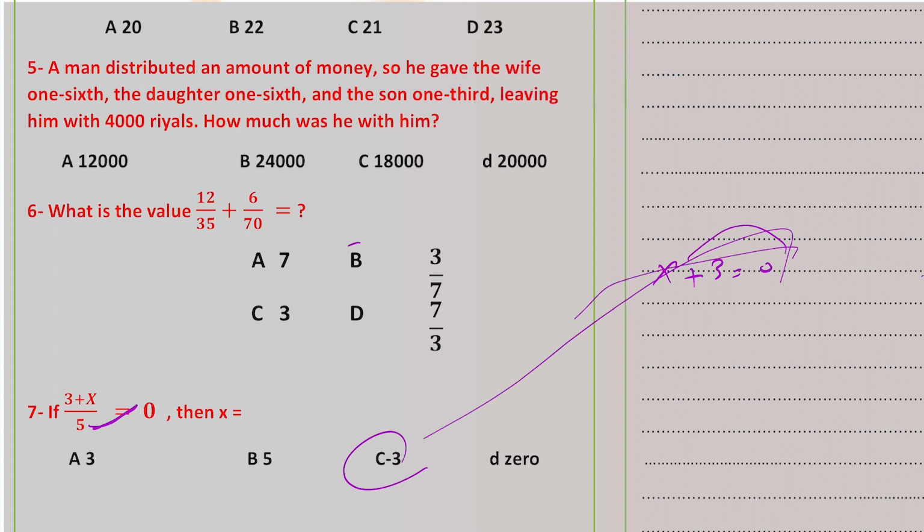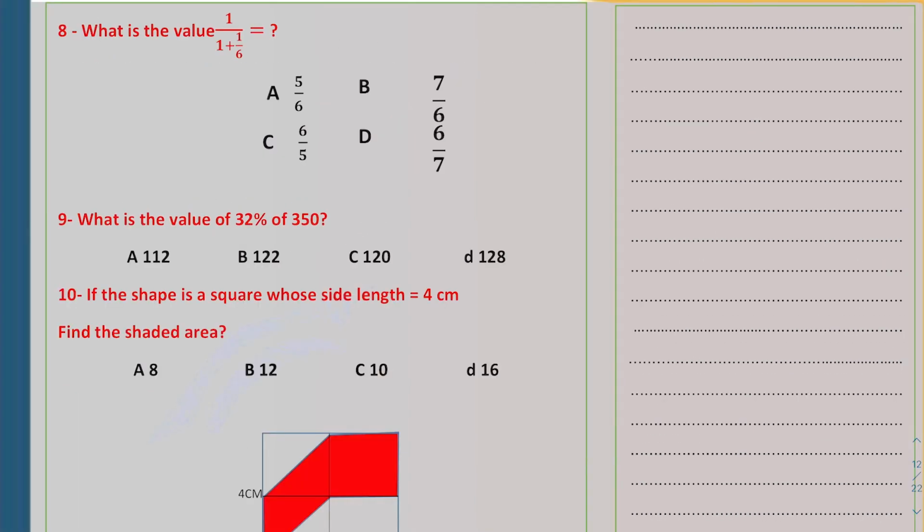Now let's take the next question. Simplify the fraction here. How can we simplify it? Okay. I have a problem with the denominator here, so I will take it in draft. 1 plus 1/6. We should have the same denominator. I will multiply here by 6, and I will multiply here by 6. It will be 6 over 6 plus 1 over 6, which is 7 over 6.